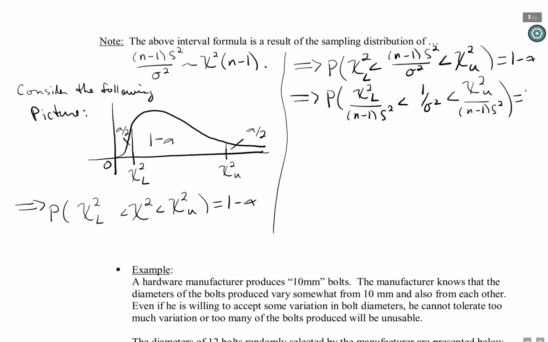So just using a little algebra to try to isolate sigma squared. Now I don't quite have sigma squared in the middle, but I have 1 over sigma squared in the middle. And so what I can do is flip that, take the reciprocal of it and have sigma squared, that would be okay.